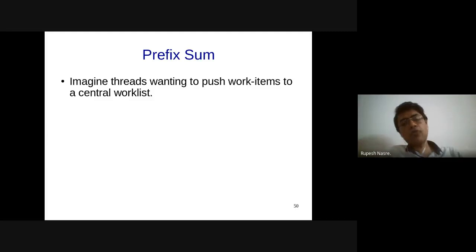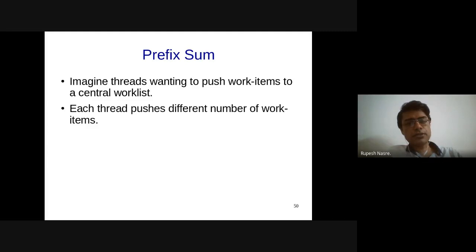Another way, if you want to avoid the expensive atomics, is to do it using something called prefix sum, and we'll see how to do that. Each thread now pushes a different number of work items, similar to what we had using atomic add as well as atomic increment, but we don't want to use atomics.